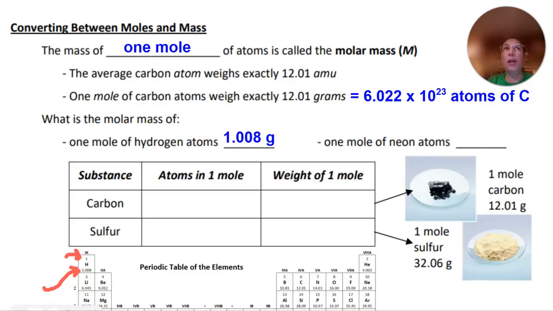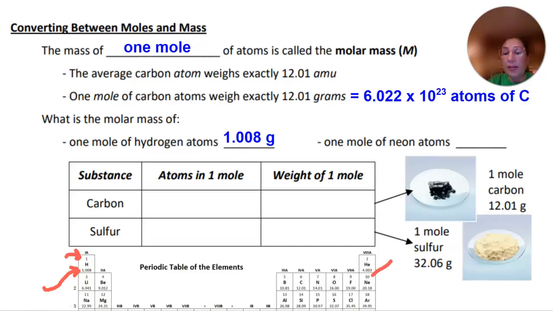Now, if you had 1 hydrogen atom on average, the average hydrogen atom would have a mass of 1.008. There'll be different isotopes, so no single hydrogen atom will have that exact mass, but on average, if you grabbed one, it would have an average mass of 1.008. What about neon?